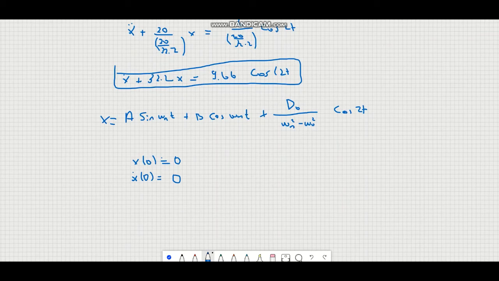Alright, first let's write down x0 by using this equation.